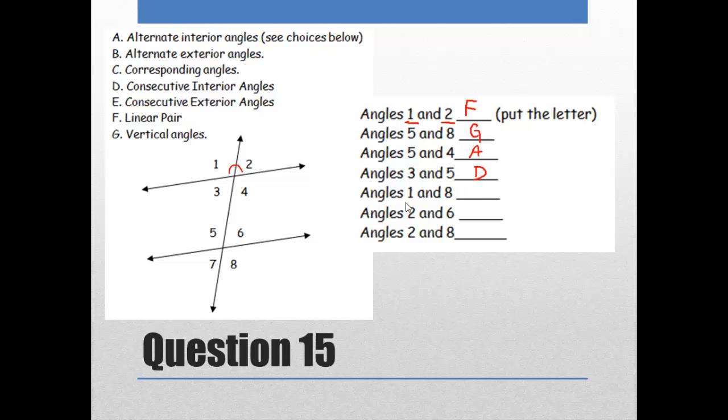Same thing as same side interior. 1 and 8, both exterior, and they're on opposite sides of the transversal, so we'll call them alternate exterior. 2 and 6, one is exterior, the other is interior, but they're both in similar positions for their group of angles. 2's in the top right, 6 in the top right, so we call those corresponding angles. And 2 and 8. 2 and 8 are both exterior and on the same side, so we'll call them consecutive interior, E.